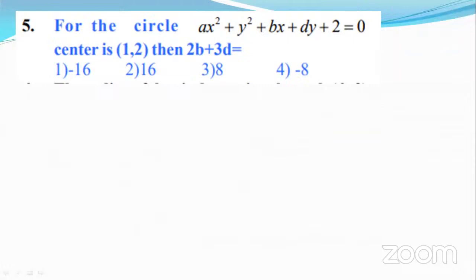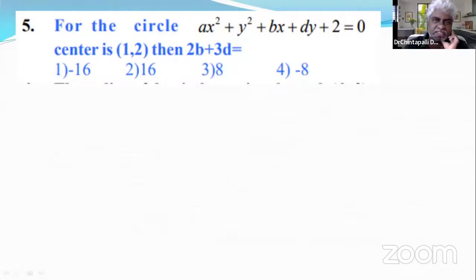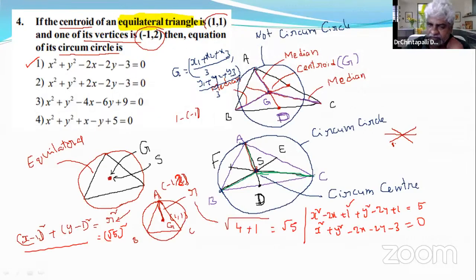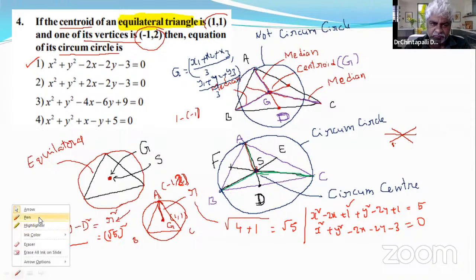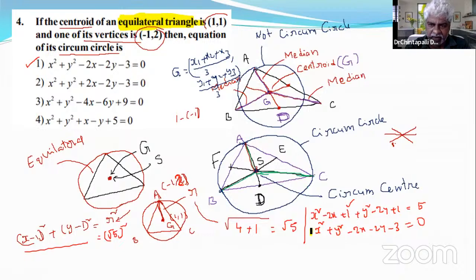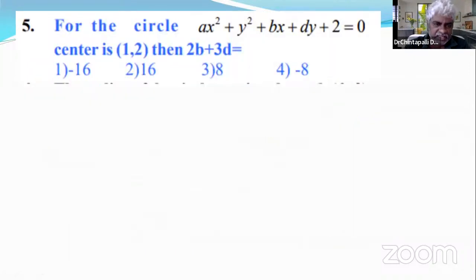A circle has a special property: the coefficient of x square and the coefficient of y square must be the same. In the previous example, we got x square plus y square minus 2x minus 3y minus 3 equals 0. Very clearly, the x square coefficient is 1 and the y square coefficient is also 1.